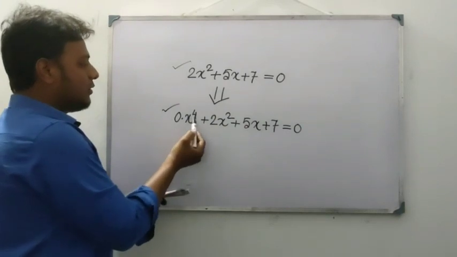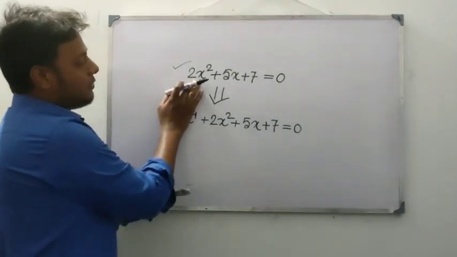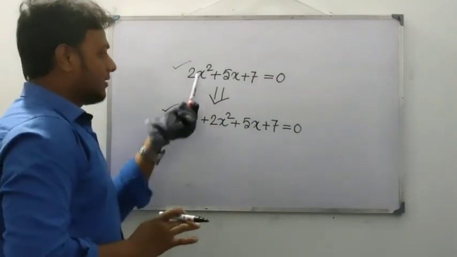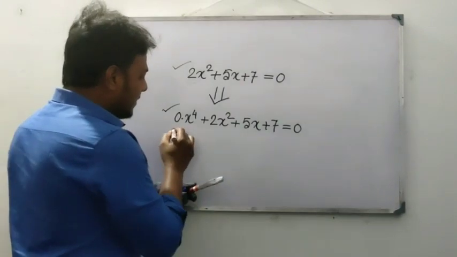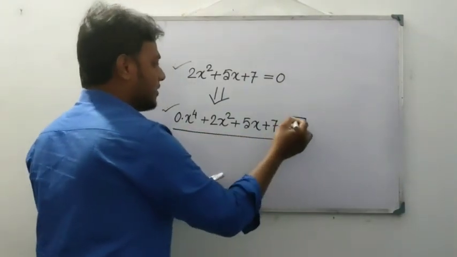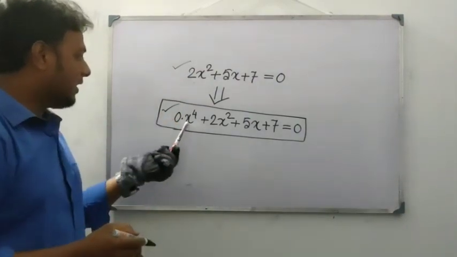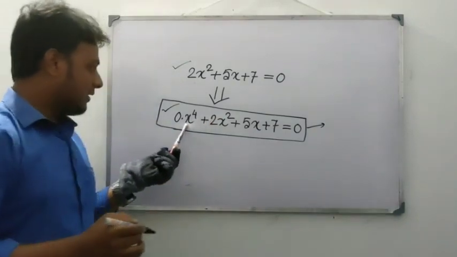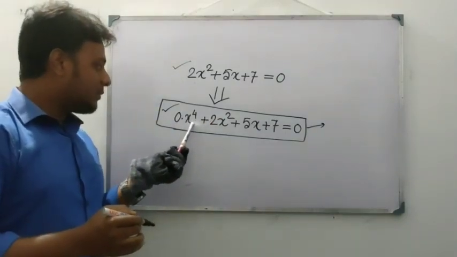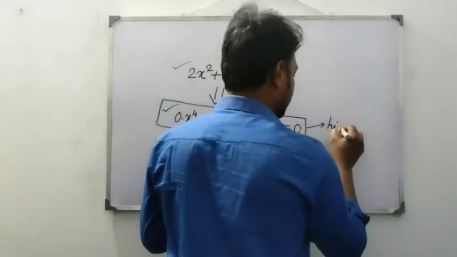No. 0 times x⁴ is 0 itself, so this term vanishes. So this equation and this equation are basically the same equation. Now in this equation, if you try to find the degree of the equation, what will you get? You can see the highest power of x is 4. Here the highest power of x is 4.